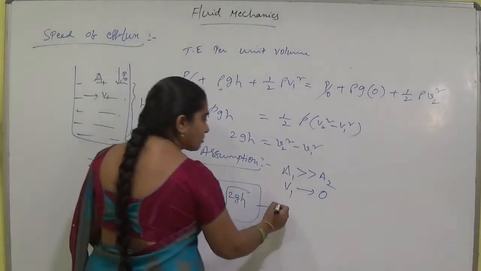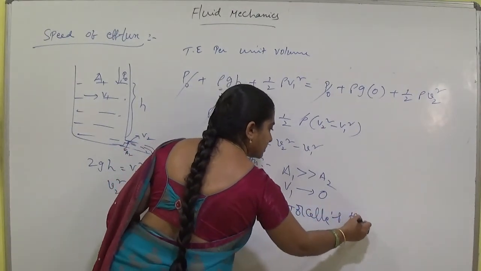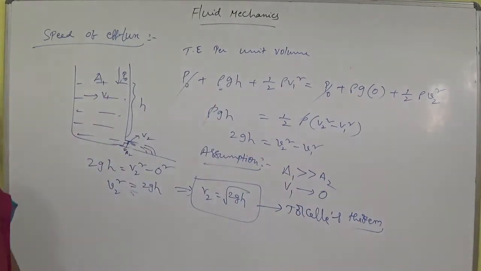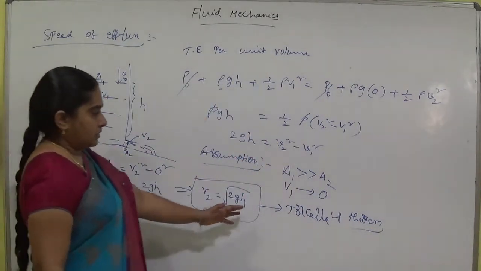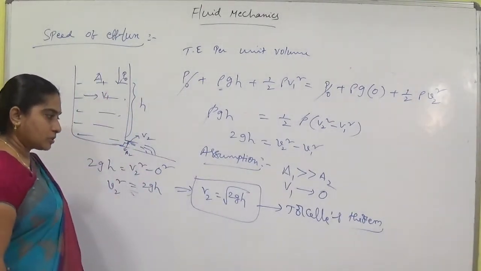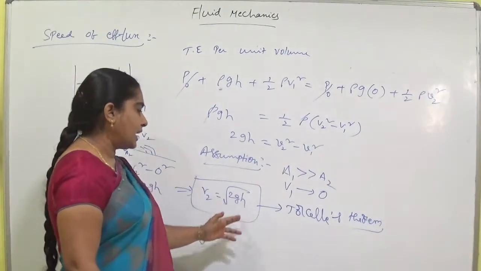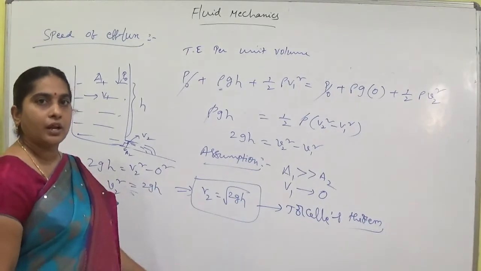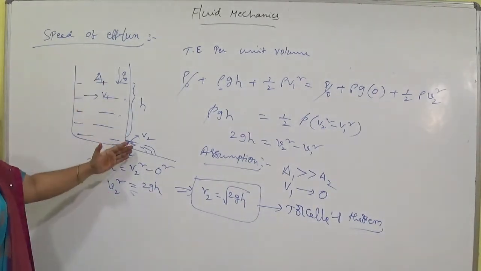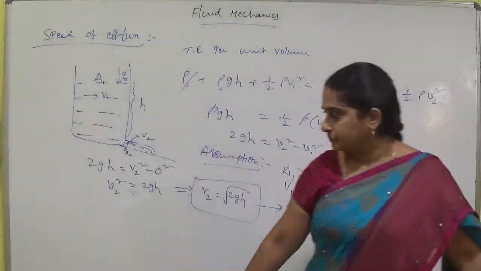This principle is known as Torricelli's theorem. For freely falling liquids, velocity is equal to root of 2gh.